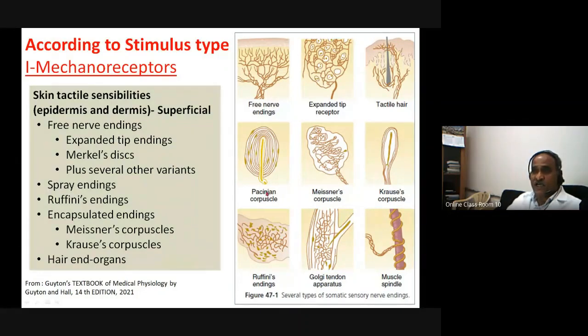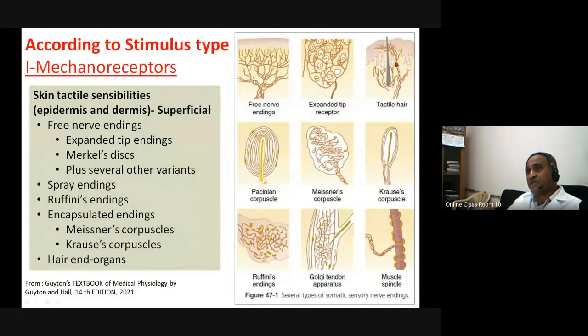This is the Pacinian corpuscle, or Meissner's corpuscle. This is also encapsulated, or the Krause corpuscle. You see the central core of the nerve. So these are Krause corpuscles, or hair end organs.